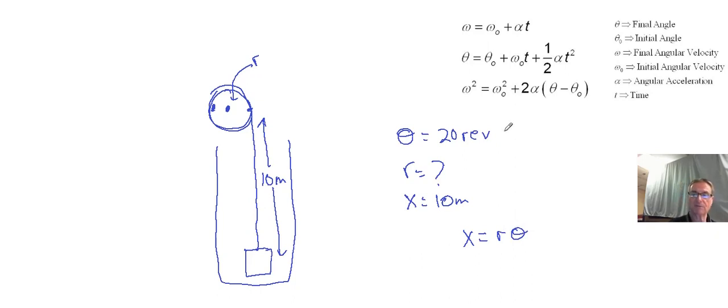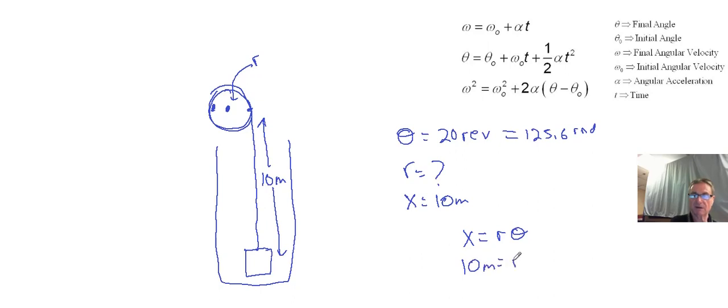Well, we got to convert from revolutions to radians, so we're going to have to multiply this by 2 pi, and when we do that, 20 times 2 times pi is 125.6 radians. Okay, and now we can just plug things into the equation that we have.